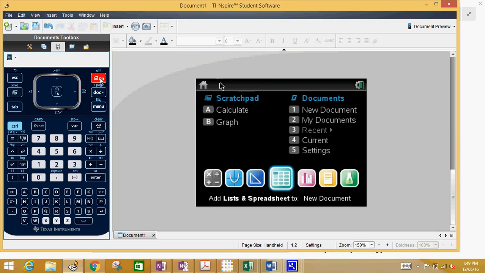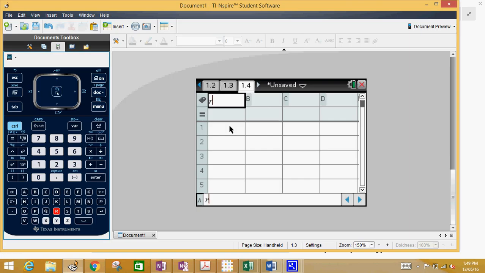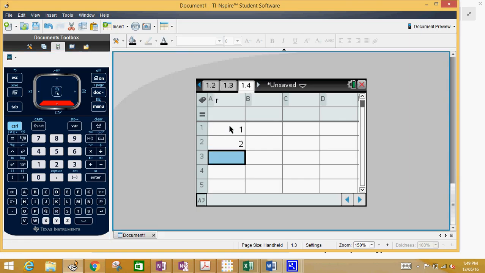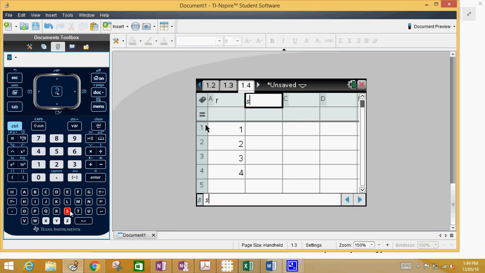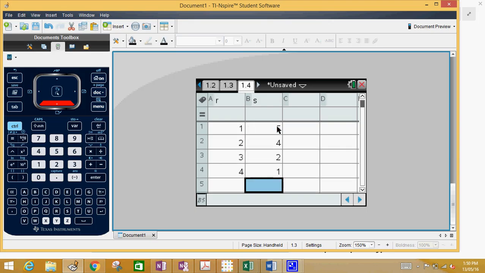So what we're going to do is we're going to go to our Excel and we're going to put in the data. So let's call it R, and you put some data, let's say 1, 2, 3, 4. And then we put in another, the Y value, so let's call it S. And this time I'm going to do 5, 4, 2, 1, whatever.